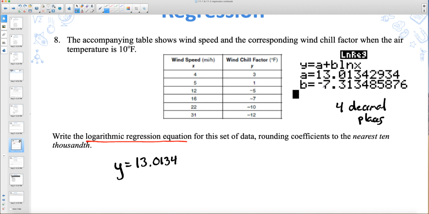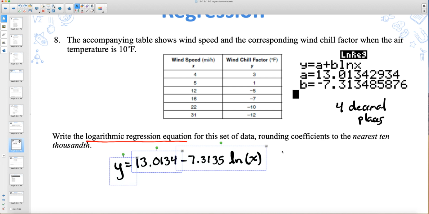Plus a negative 7.31348, so the 8 will round it up to 5. So plus a negative, I'll just leave it as minus 7.3135, and then ln of x. Okay, so that is our regression model rounded to the nearest 10,000th.